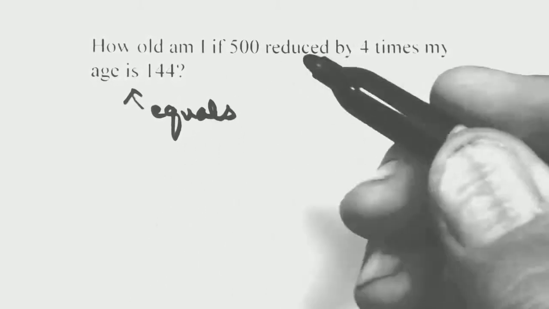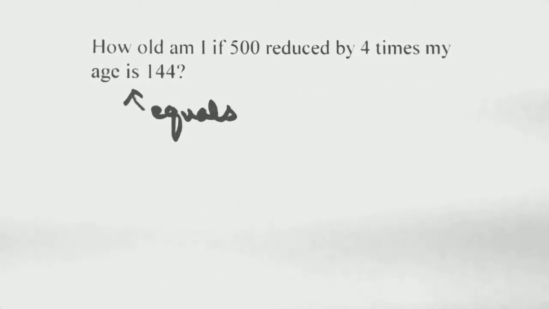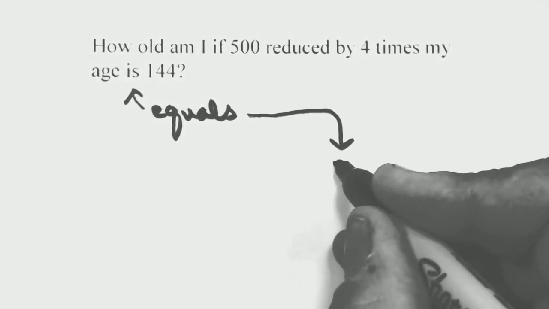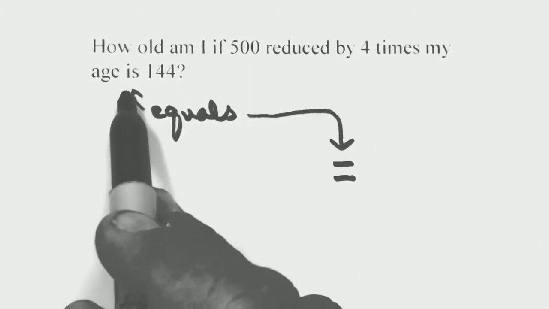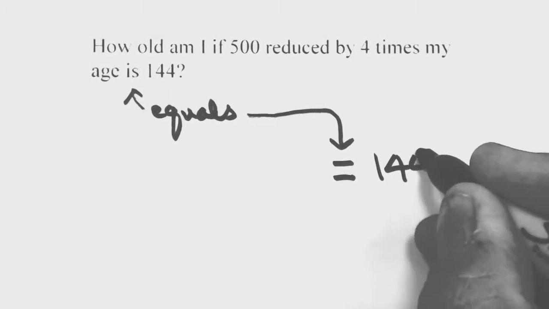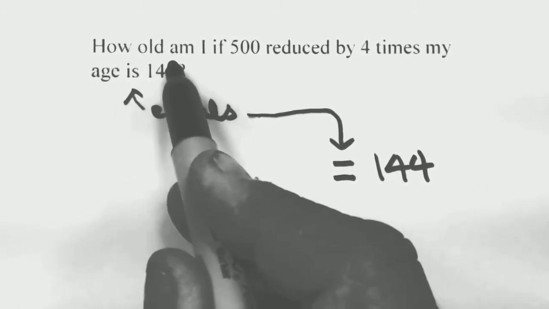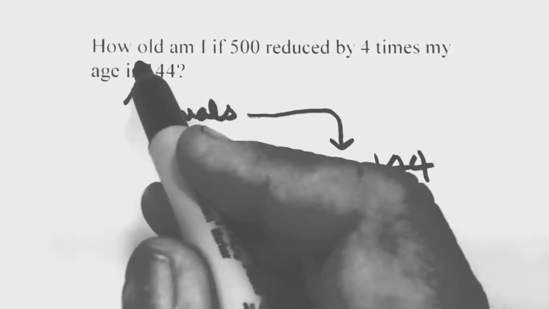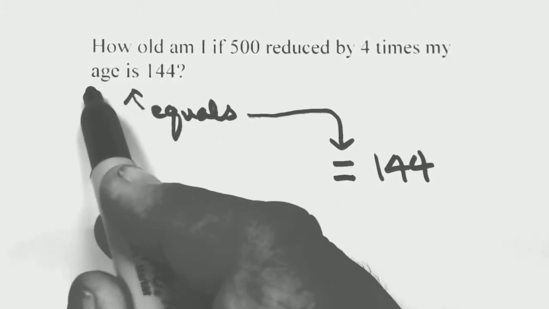We can replace that with equals, as we've done earlier, and that tells me where the equal sign goes. So if I write the equal sign right here, then what's to the right of the "is" is 144, so that goes to the right of the equal sign.